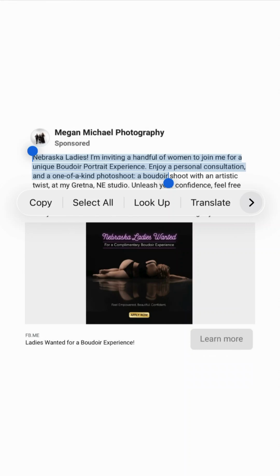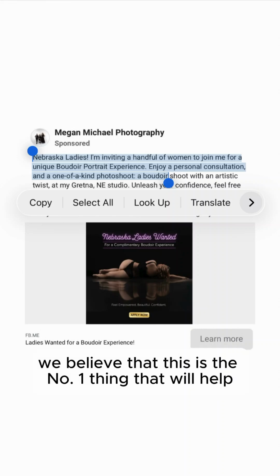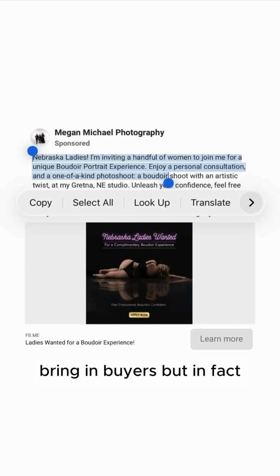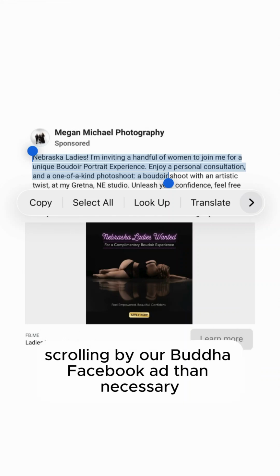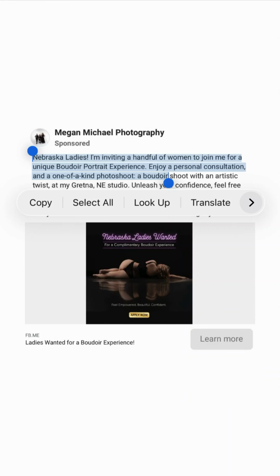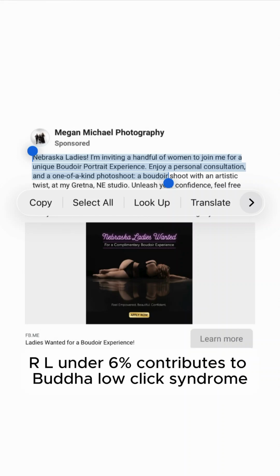And we believe that this is the number one thing that'll help bring in buyers. But in fact, the way we get it right now, we're going to have way more women scrolling by our Boudoir Facebook ad than necessary. So our ad never even enters their brain. So this contributes to BLCS, pulling our unique CTRL under 6%, contributes to boudoir low-click syndrome.